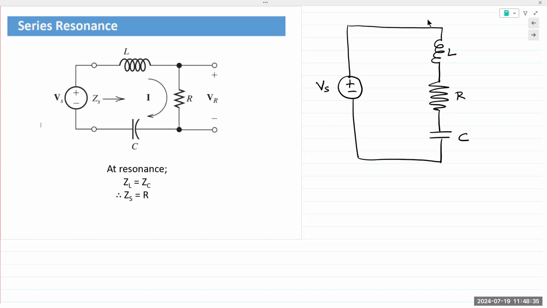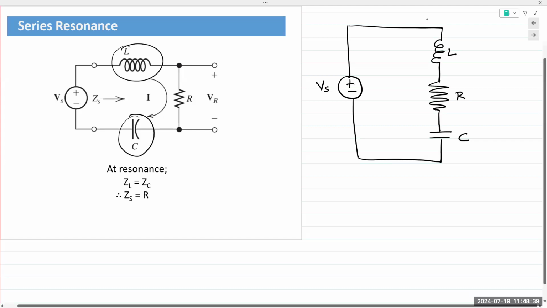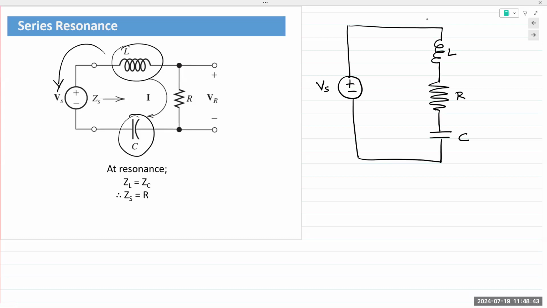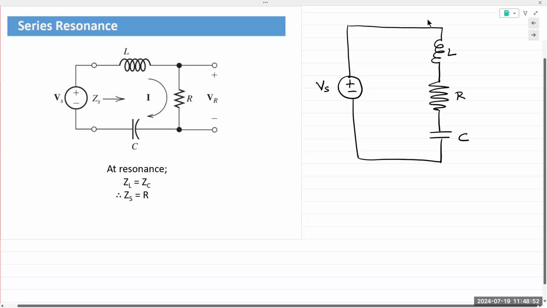And the reason is because energy is stored in the inductor, energy is stored in the capacitor. The stored energy plus the incoming Vs gives rise to a larger voltage. Does that make sense as a concept?